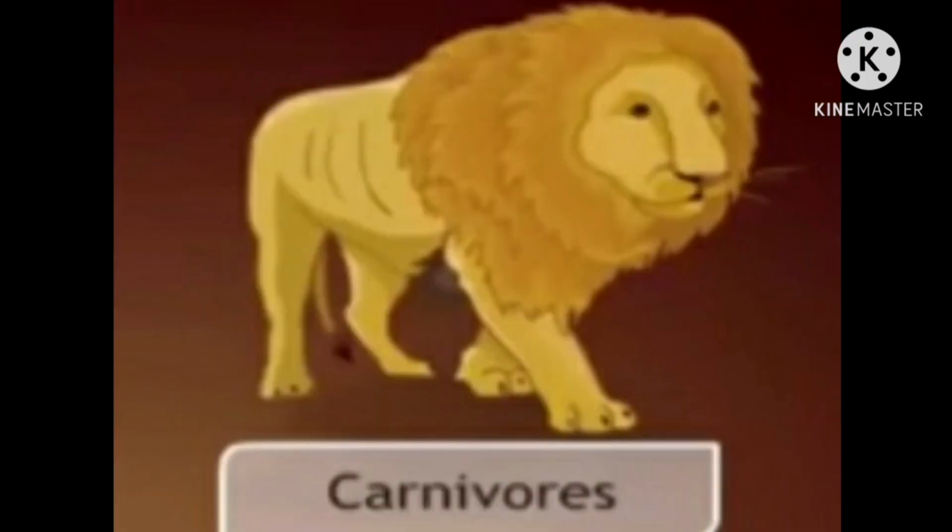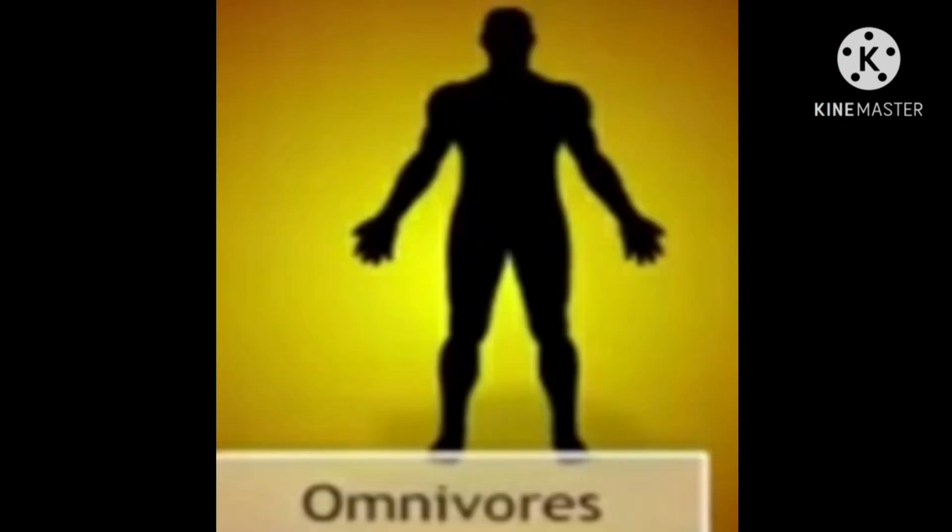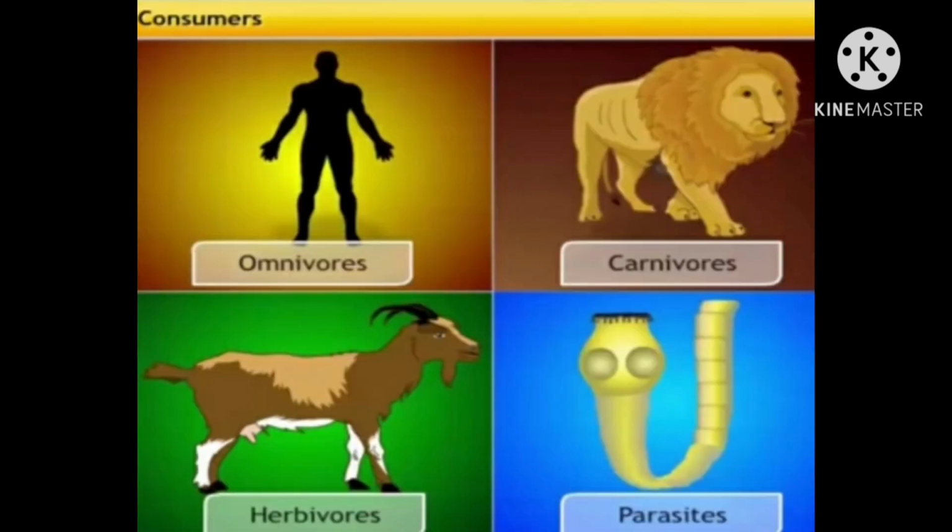The primary carnivores are called secondary consumers, and the secondary carnivores are called tertiary consumers. If it is the ultimate or final consumer, it is called top carnivore or top consumer.